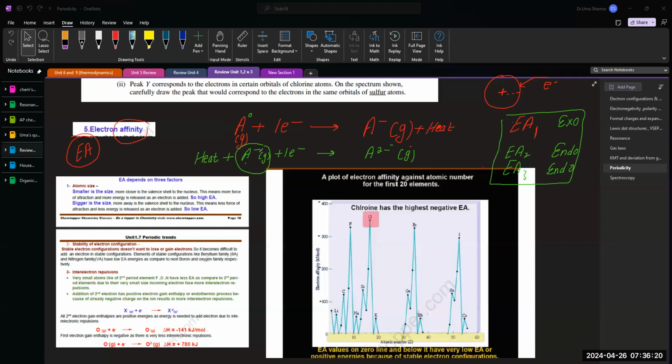And you have to force the electron to go inside it. So we need energy to force an electron to go inside an ion which already has a negative charge. So adding a second electron to an anion is always endothermic. Reason? Because inter-electron repulsion is too high, and the electron has to overcome this repulsion to get added to the ion.